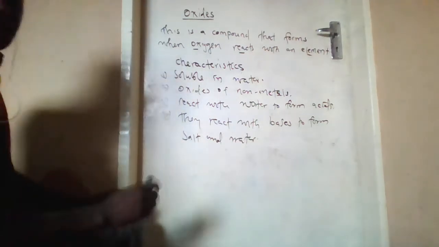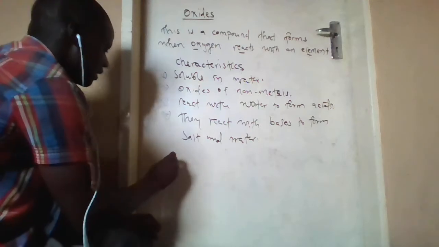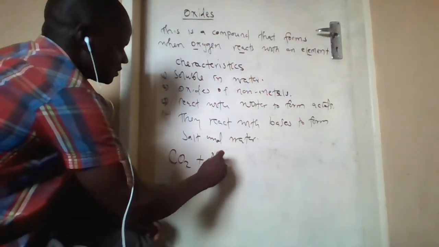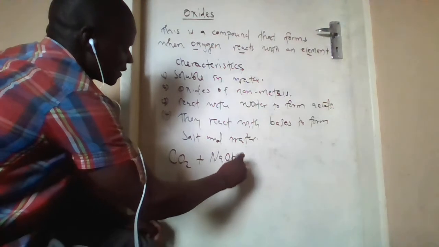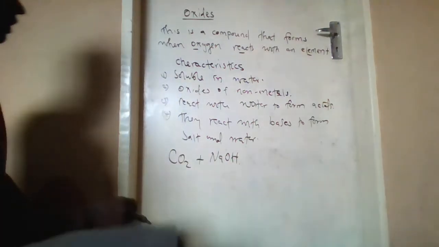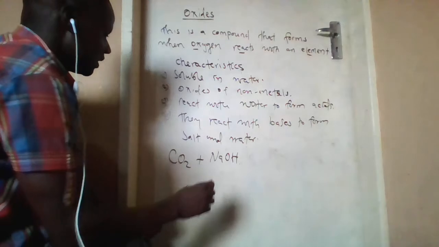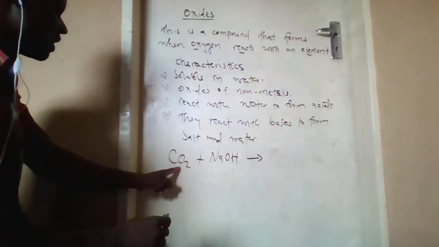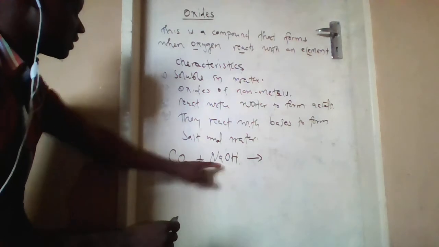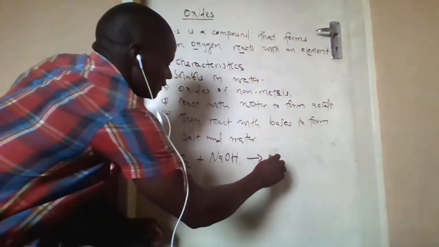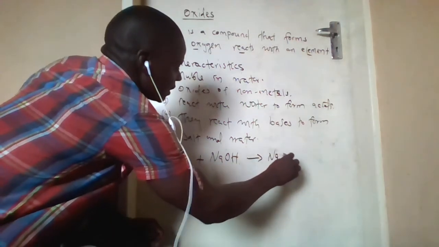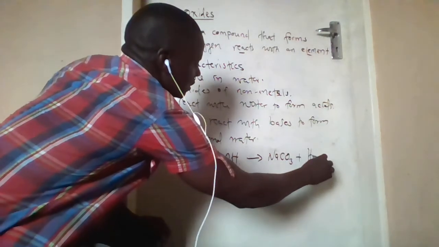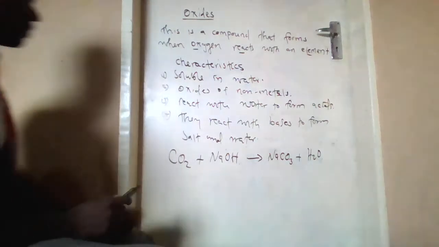To form salt and water, how can you demonstrate that? You can use carbon dioxide plus a base, sodium hydroxide. When we have that, we demonstrate that this carbon dioxide is going to react with that, and then we're going to have sodium carbonate plus H2O.